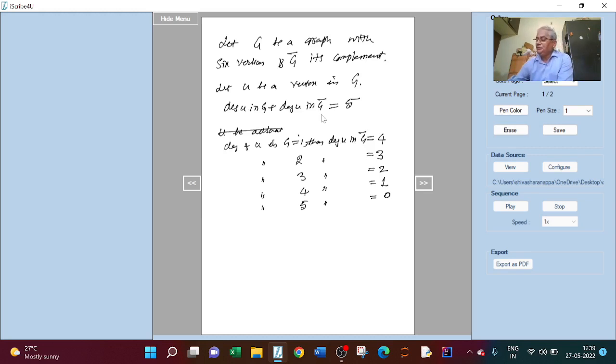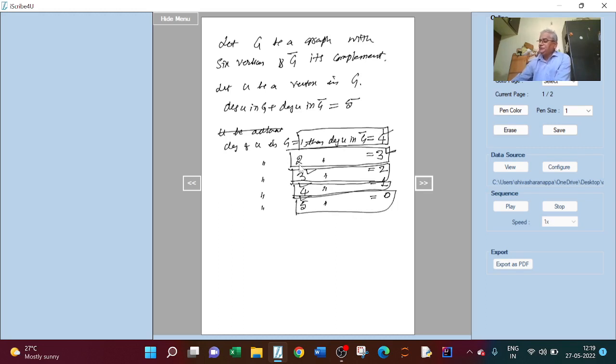See here, we can observe the degree of U is at least 3. Here it is 1: if it is 1 in G, then 4 in G bar. If it is 2 in G, then it is 3 in G bar. So here the minimum is 3, here it is exactly 3. In this case, the degree of U is 3 in G; in this case, the degree of U is 4, so the minimum is 3.